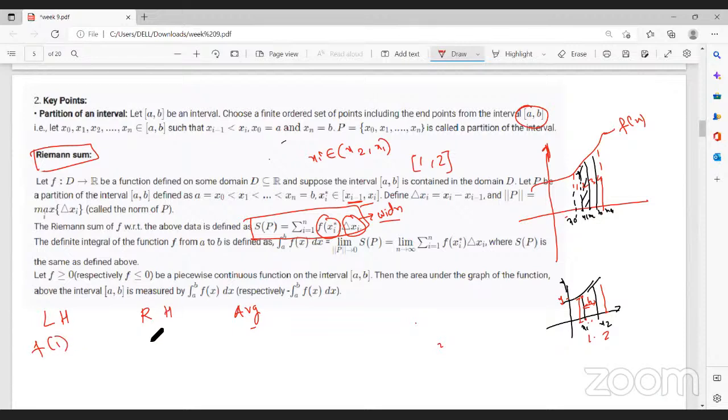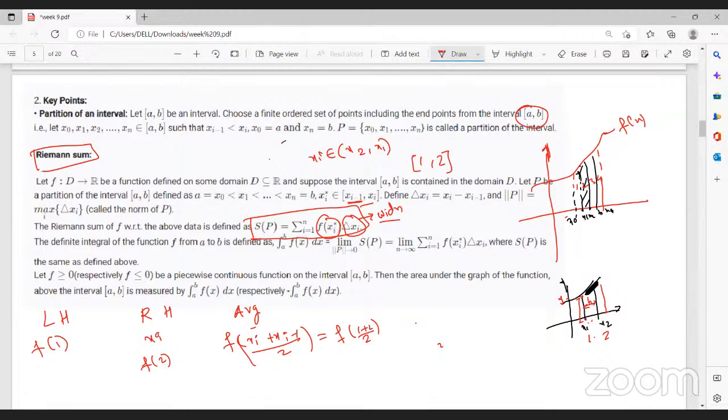On right hand, I will calculate the value at x equals xi, that is f of 2 here. And for the average I will do f of xi plus f of xi minus 1 upon 2, that is in this case f of 1 plus f of 2 upon 2. Are you getting what I am trying to say?